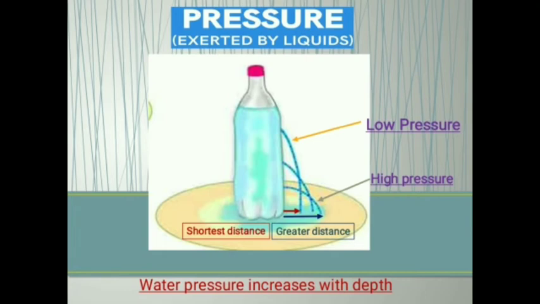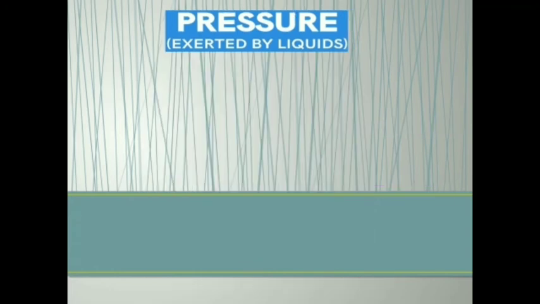What do you understand from this? Water comes out of the bottle because of the water pressure, and water coming out of the holes nearest to the base goes faster. So this means water pressure increases with depth, that is, water pressure increases with the height of the water column.